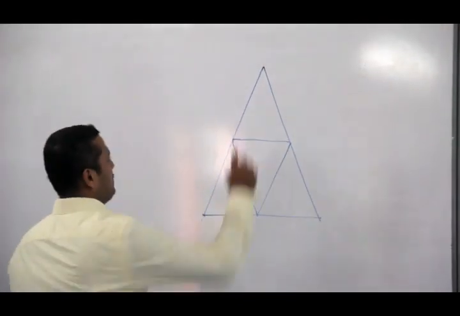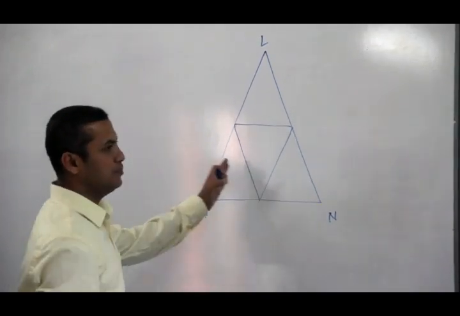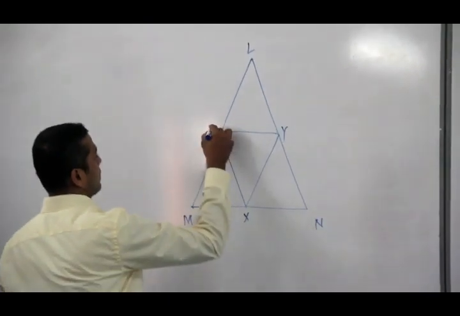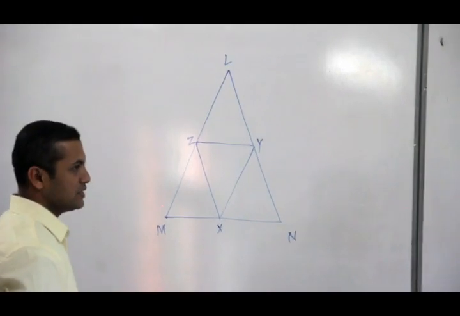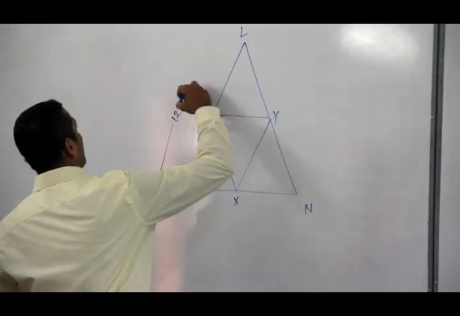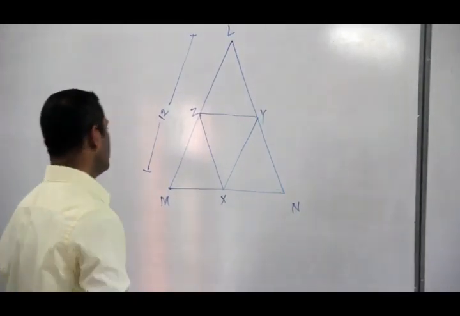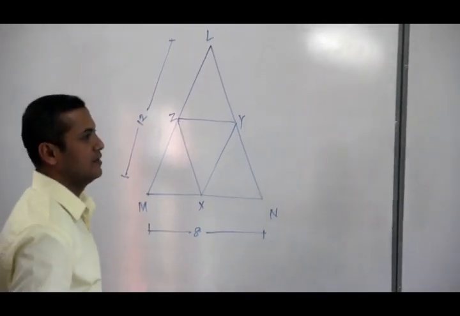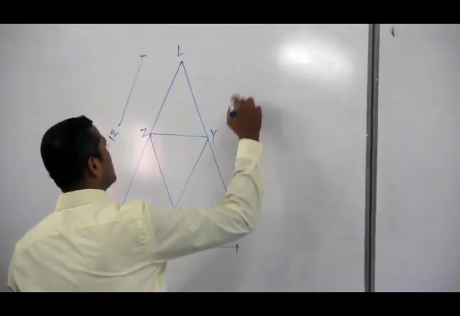This is LMN and these are the midpoints, that is X, Y and Z. LM equals 12 centimeter. Then MN equals 8 centimeter. And NL equals 10 centimeter.